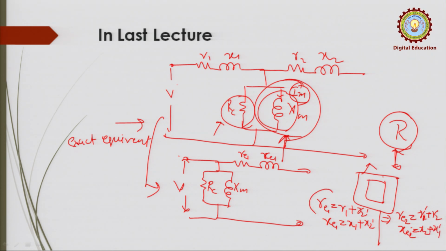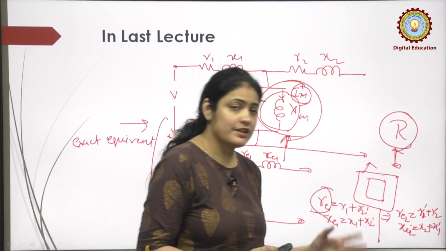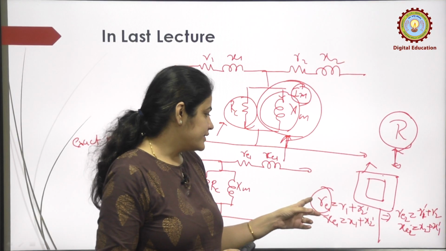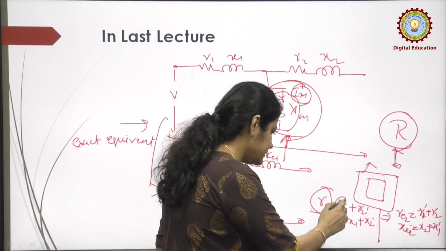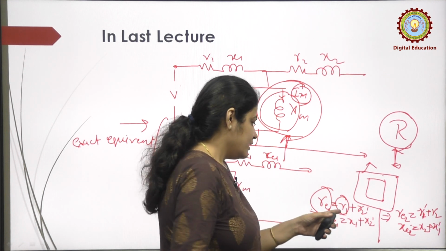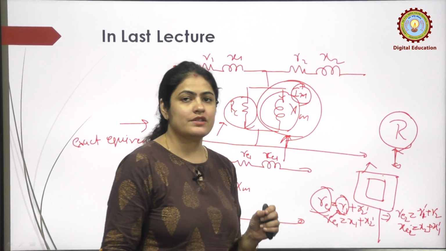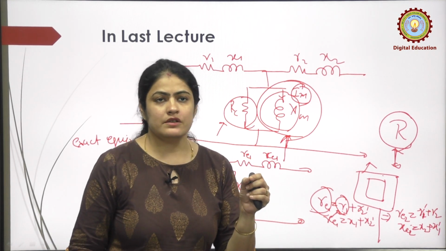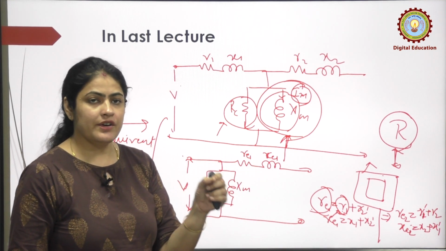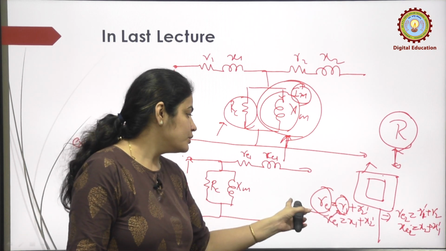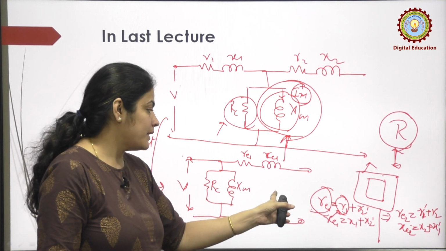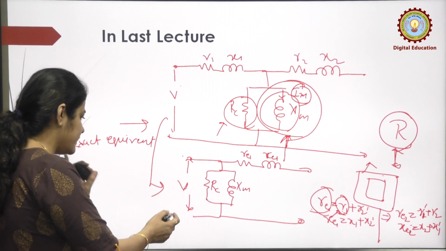That means one impedance is referred to the primary side and the other is referred to the secondary side. Here R1 is the resistance of the primary and R2 dash is the resistance of the secondary winding referred to the primary side. This we have already discussed.